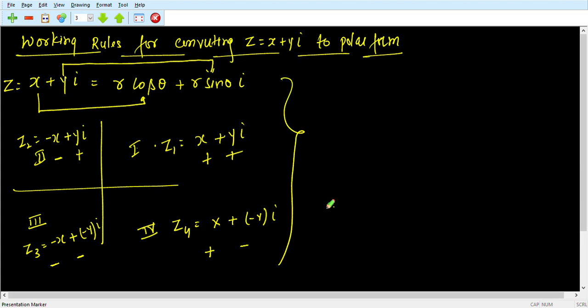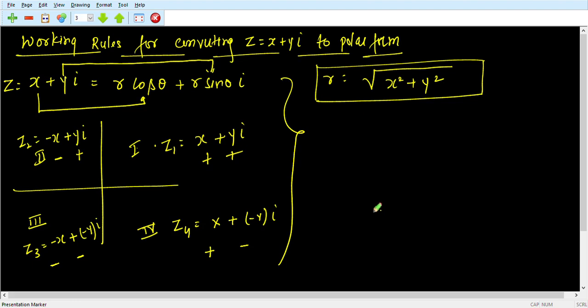So our target is to find the value of r, which we have already discussed. r is nothing but the mod of z, the square root of x square plus y square. We have already gone through the idea of mod of a complex number: it is equal to the square root of the square of real part plus square of imaginary part. And theta we can obtain by a different technique.